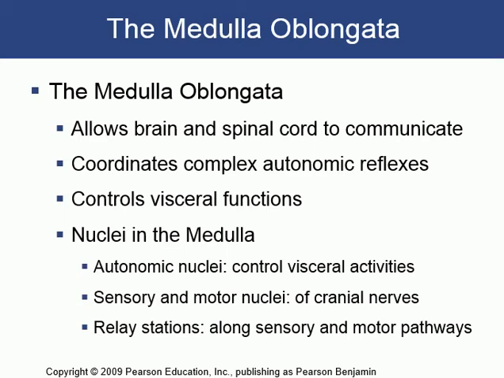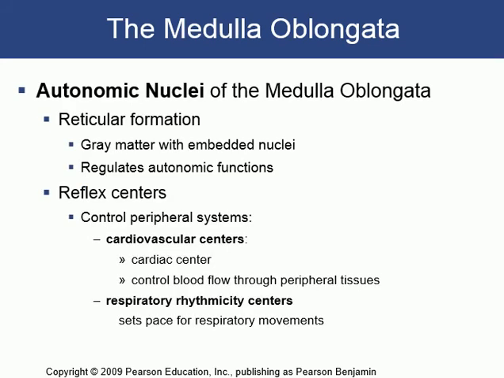What decides that rhythm? It's the nuclei in the medulla. They set the basic rhythm for the breathing, so they are called the breathing nuclei or breathing centers. What are these nuclei that we have to know?